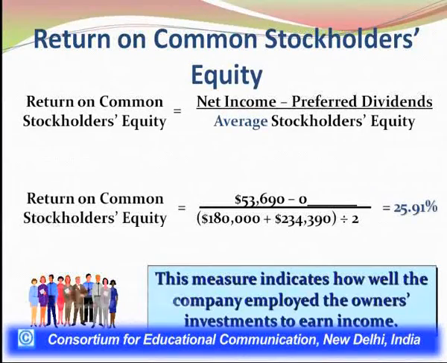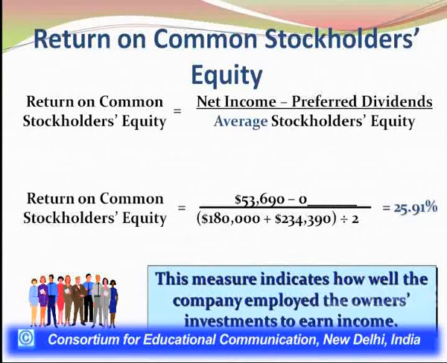Moving forward, we will discuss a few more ratios pertaining to profitability. So let's have a look here. I am going to talk about return on common stockholders equity. It's also known as return on equity shareholders fund.